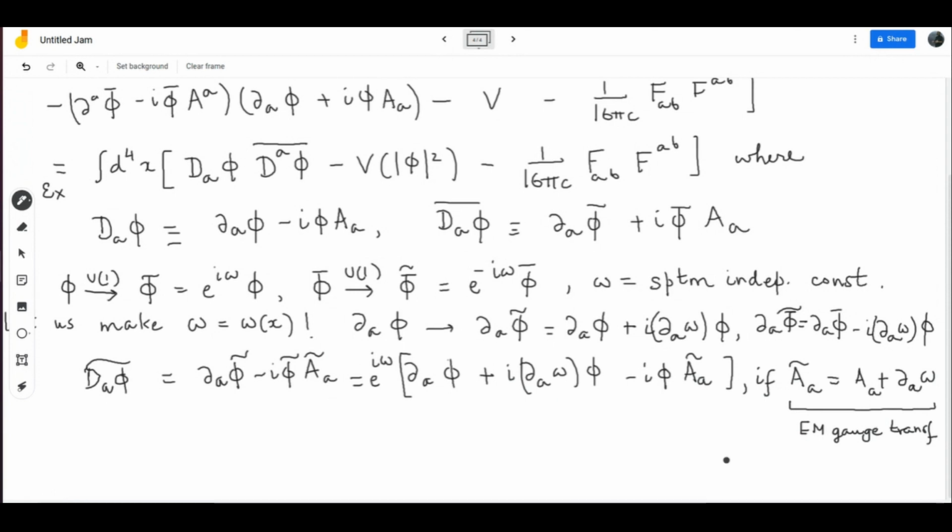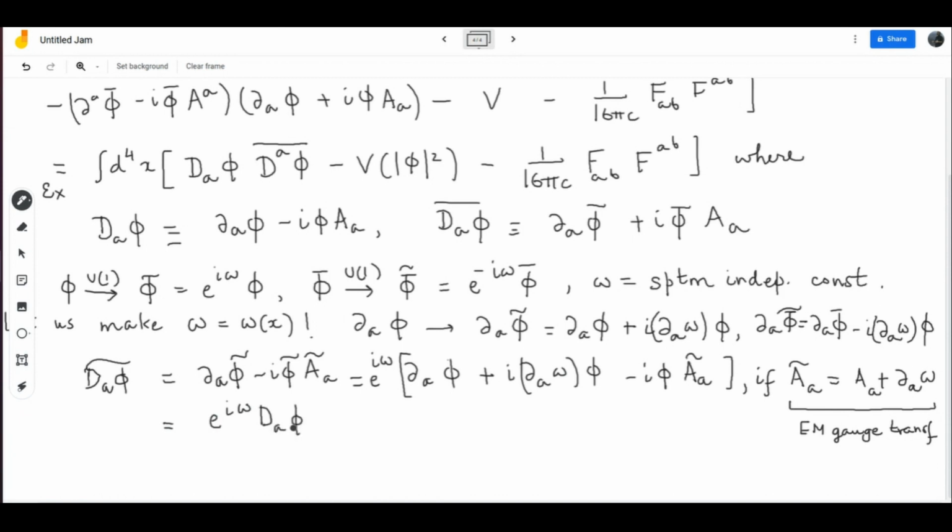If you make that kind of gauge transformation, then you see the I del A omega, the omega dependence drops out, and what we are left with is e to the I omega dA phi.